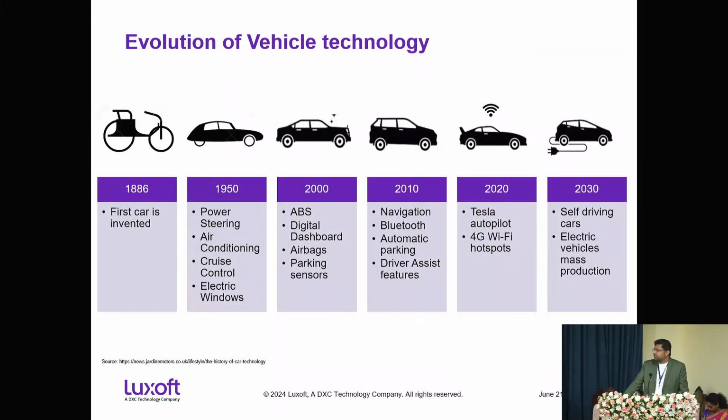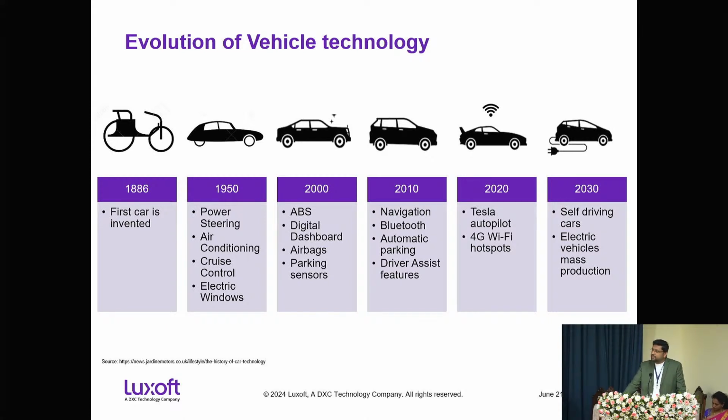Just a very brief touch on how the vehicle is transforming, right? The first car came in 1886, which was just a single motor powered vehicle. And then there was a transformation of power steering and air conditioning coming into the car.